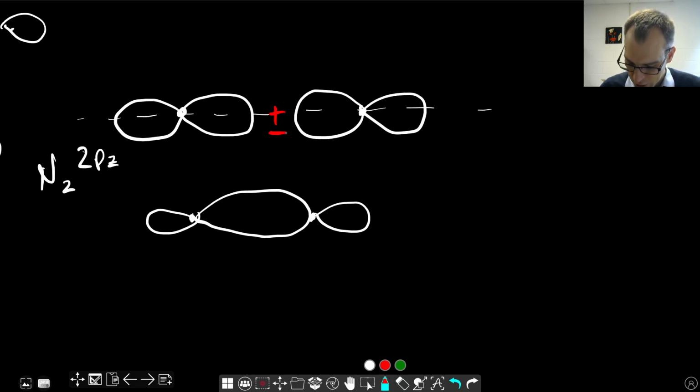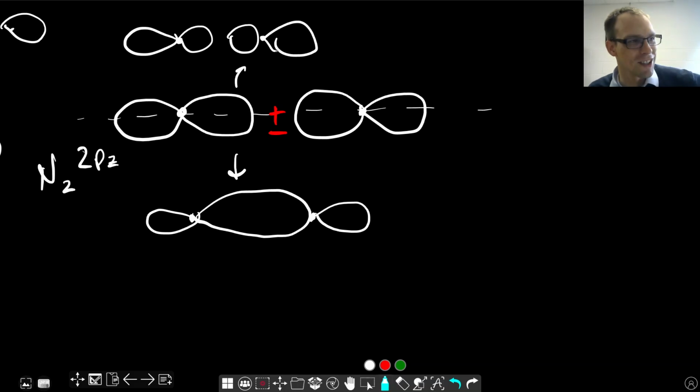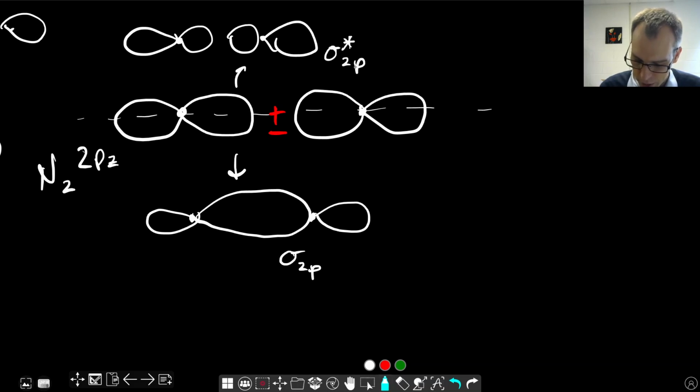Our plus version is this version down here, and our minus version will form something that looks a little bit like this. This is just a quick sketch. I'll try and get you more accurate depictions in just a second. We would call this one a sigma 2p orbital and a sigma star 2p orbital.